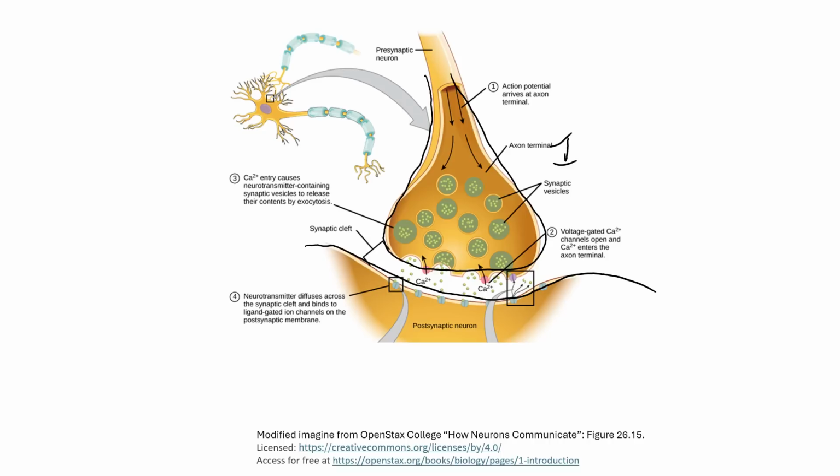That would have been neuron number 2, or the postsynaptic neuron from the prior image. Where this axon terminal button is meeting this dendrite is referred to as a synapse. This is a synapse between two neurons.